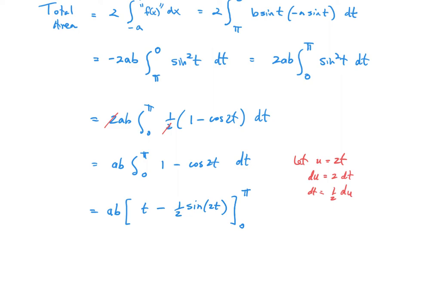So I'm going to make my substitutions. I'm going to get ab, and then we're going to have pi minus 1/2 sine of 2 pi, minus, I'm going to put a quantity here, 0 minus 1/2 sine of 2 times 0, which is 0.